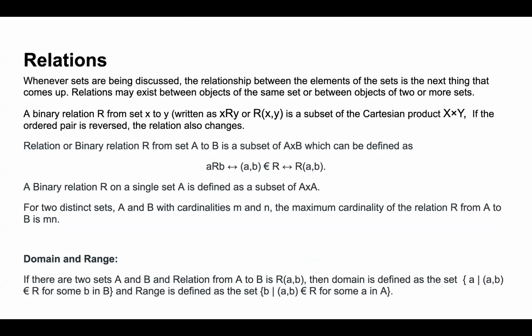Here we have taken two sets, X and Y. So we say that a binary relation R is from set X to Y, and it is a subset of the Cartesian product X cross Y. When we take a Cartesian product of these two sets, the relation set is a subset of this set.